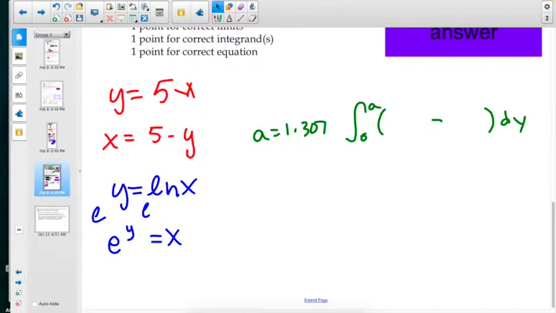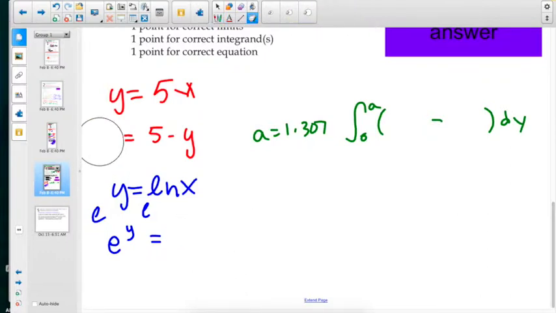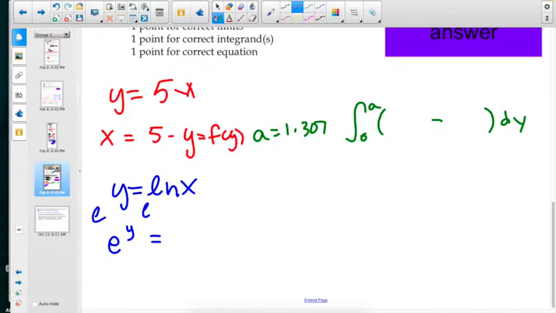Okay, so we know that this is our bigger function, f of x, and this is our littler function, the left function, g of x. This is our x, which is our f of y, function in terms of y.